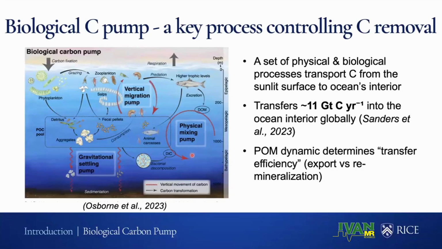The marine biological pump transfers the fast cycling carbon in the sunlit surface to the slow cycling carbon in the ocean's interior. Each year, the biological pump transfers around 11 gigaton carbon into the ocean's interior globally. Note that this is more than the total carbon released by fossil fuel combustion each year.